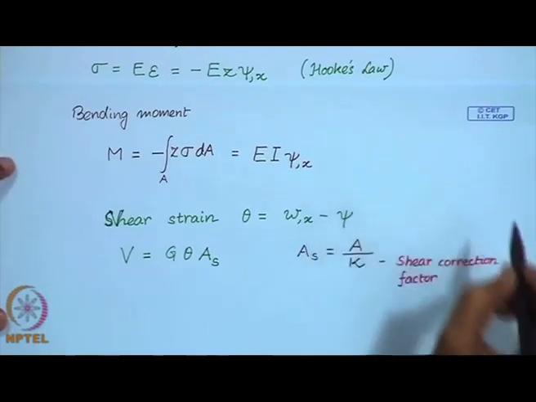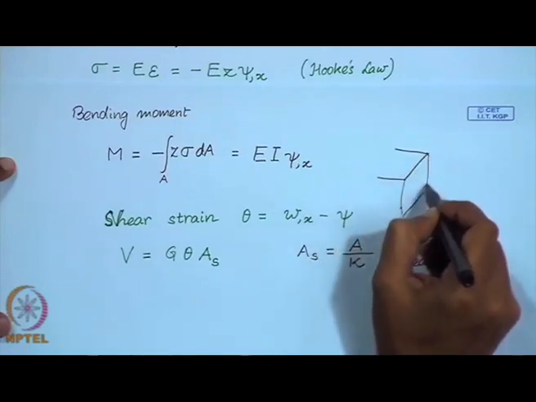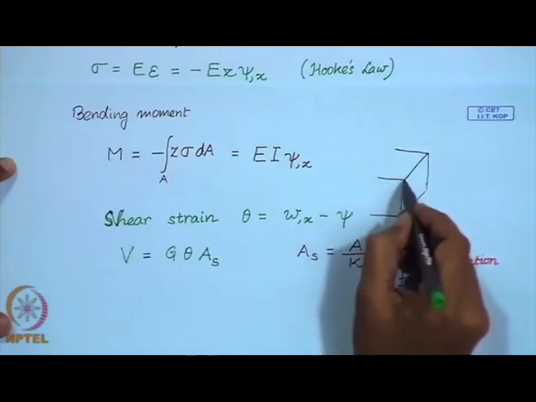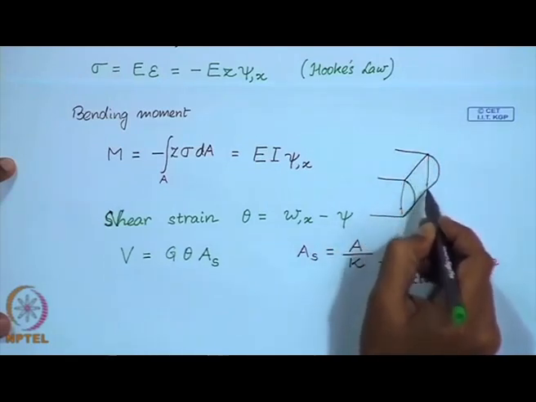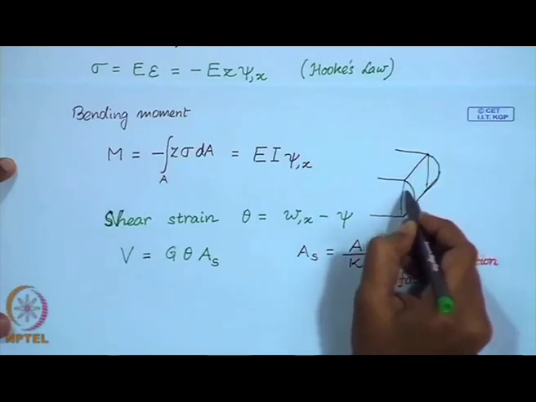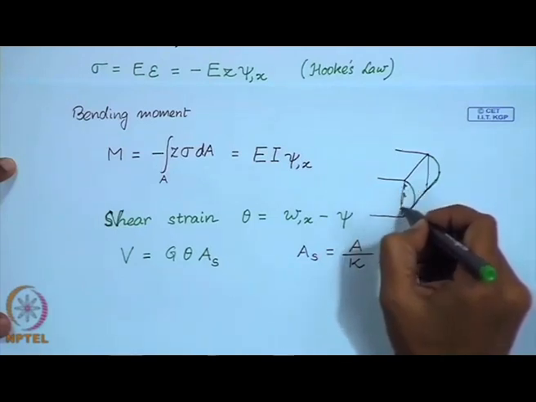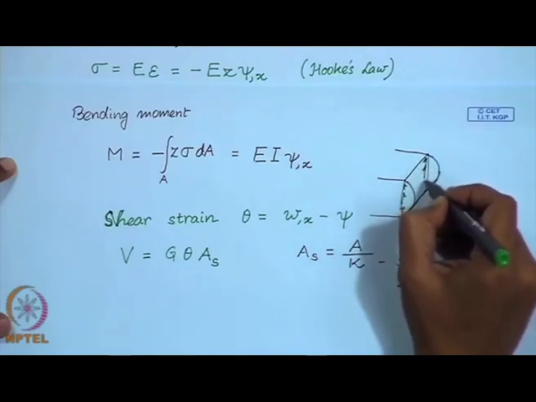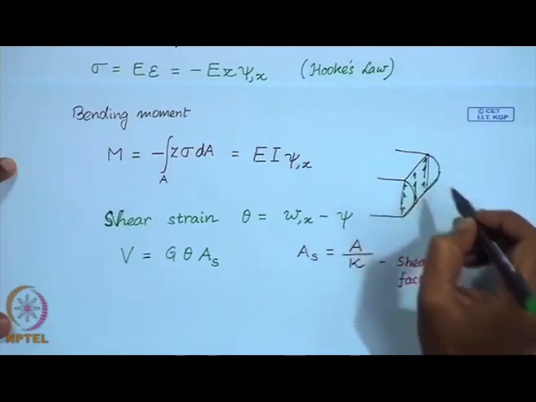So, as you know, say for example, in the case of a beam with a rectangular cross section, the shear stress distribution is parabolic.